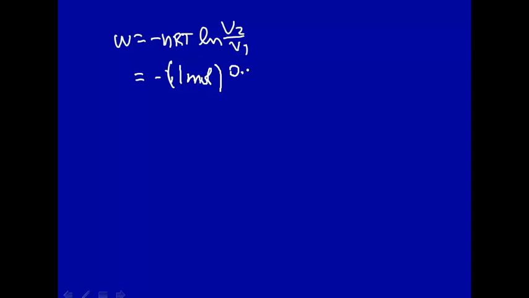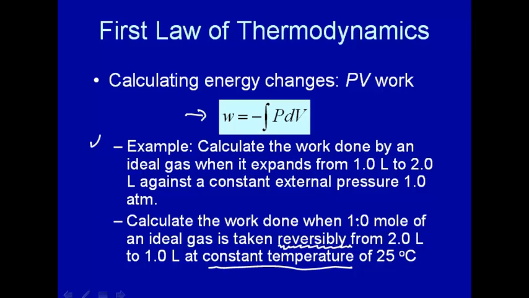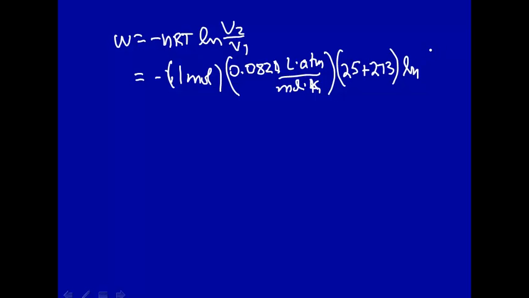Remember the gas constant is 0.0821 liter atmosphere per mole Kelvin. This is incorrect units for R, but I'm just showing it. T, we have to worry about Kelvin, so that's 25 plus 273.15, times the natural log of the volume ratio. Initially it's 2 liter, finally it's 1 liter. So the final volume V2 is 1 liter, and the initial volume is 2 liter.